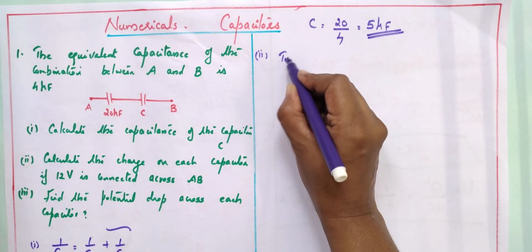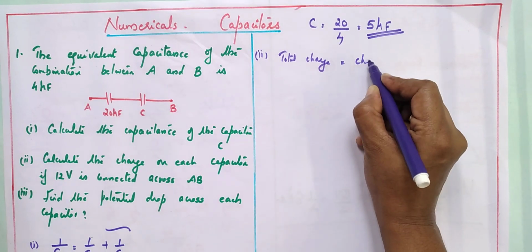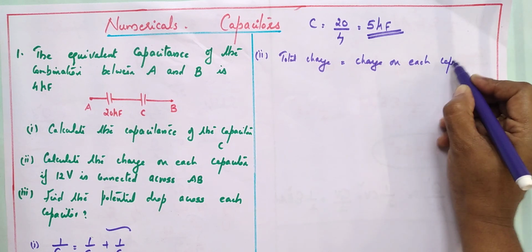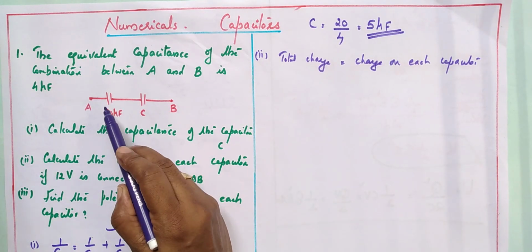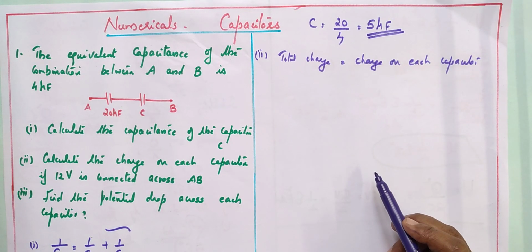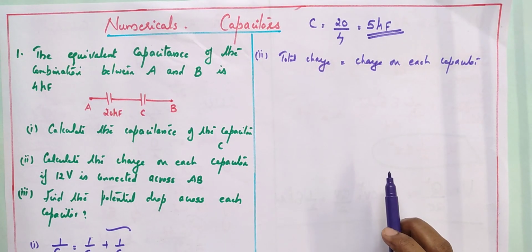So the total charge is equal to the charge on each capacitor, because the total charge is equal to the charge on 20 microfarad, which is equal to the charge stored in C.